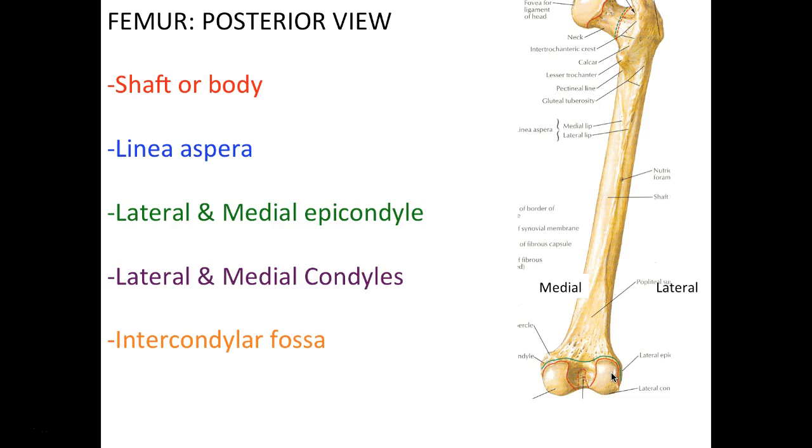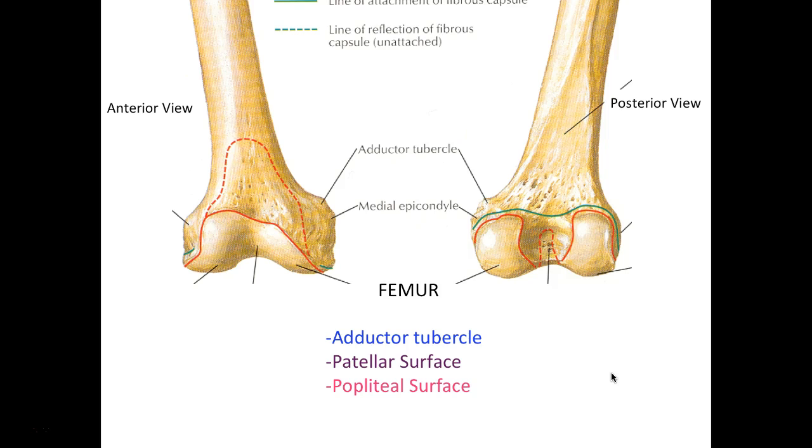Now in between these condyles, we have a depression, and this is going to be your intercondylar fossa. Inter meaning between, condylar referring to the condyles, and fossa meaning shallow depression. So it's a shallow depression between your two condyles here. Okay, so I mentioned that that medial epicondyle is a little bit larger than the lateral epicondyle. And the reason for this is because we have another extra bump sitting on top here, and that is the adductor tubercle.